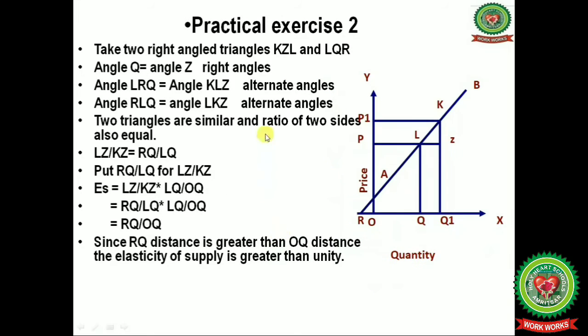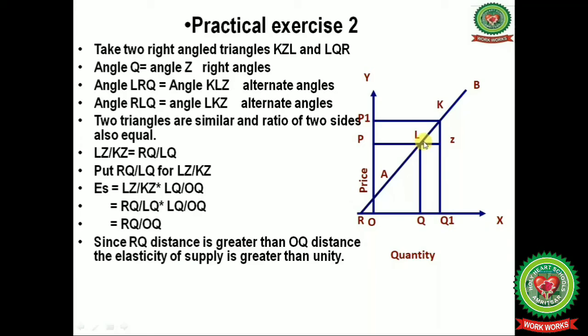Now next one is take the two right angled triangles, that is KZL and LQR. Now next, angle Q is equal to angle Z. This triangle and this triangle both are the same.